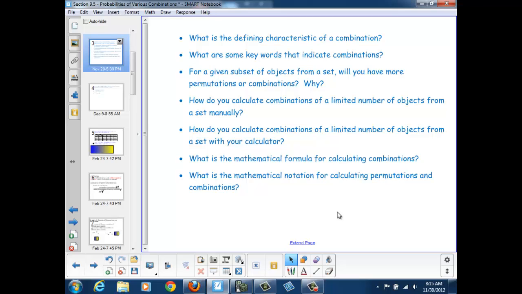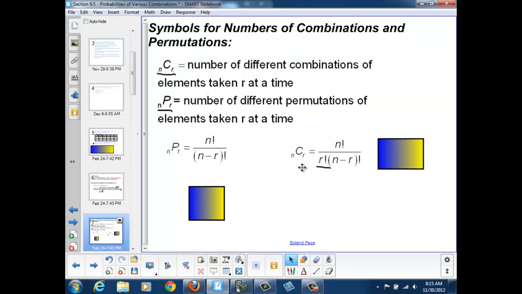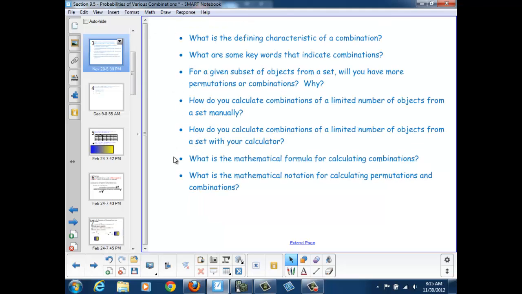How do you calculate combinations of a limited number of objects from a set manually? Well, we use our formula. nCr equals n factorial over r factorial times n minus r factorial. How do you calculate combinations with your calculator? We use the math menu, go over to probability, and use option 3, nCr.